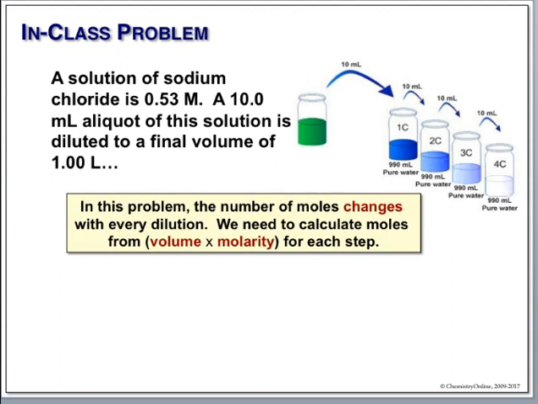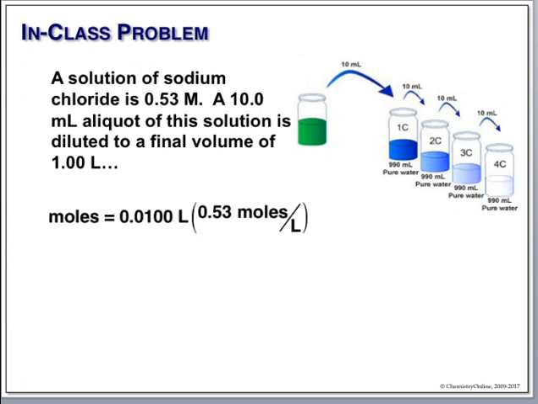So we're going to take volume times concentration for each step. In our first step, this is our 10 mils. We have 0.53 moles per liter. We have 5.3 times 10 to the minus 3 moles. That's what we've transferred.